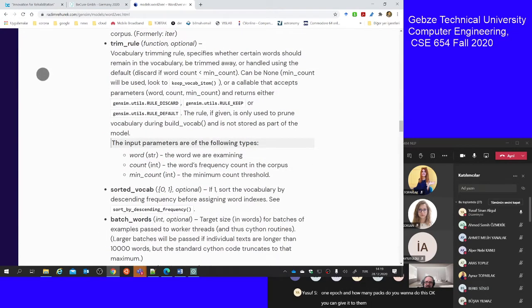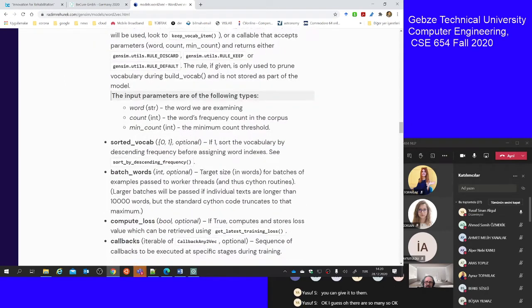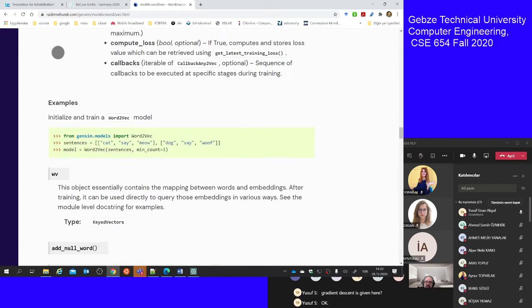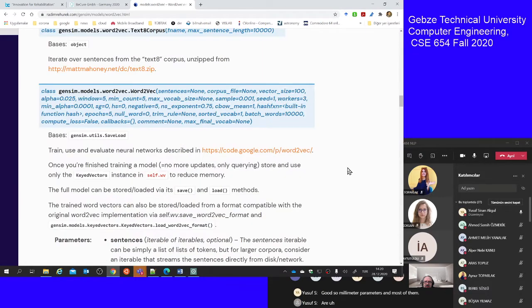There are so many parameters, so let me show you. Batch words: how many words in a batch in the stochastic gradient descent is given here. So many parameters, and most of them are good for understanding what's going on with word2vec.